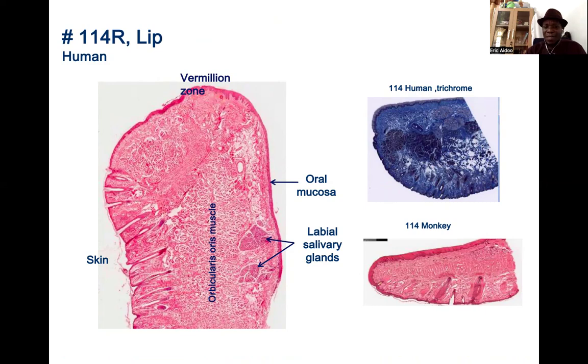Obviously, you don't want to see hair follicles there also. Then here you can see glands, salivary glands, in the oral mucosa side. And you expect to have stratified squamous keratinized epithelium in the lip.